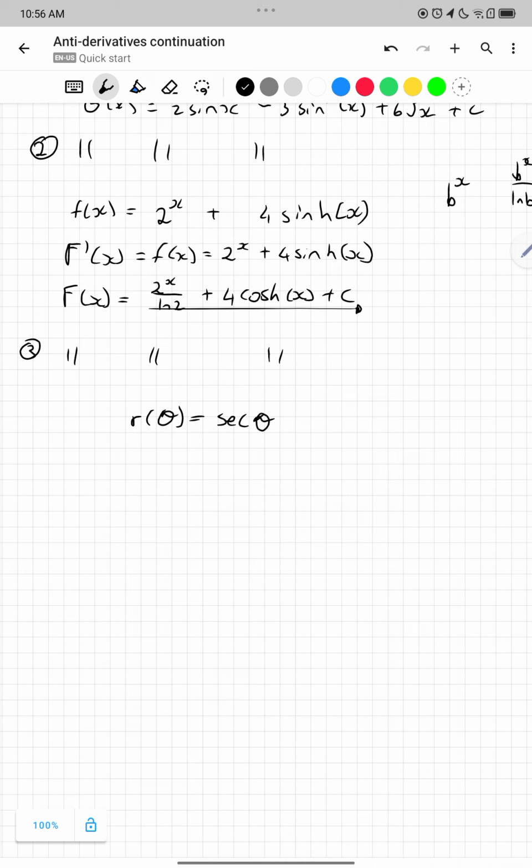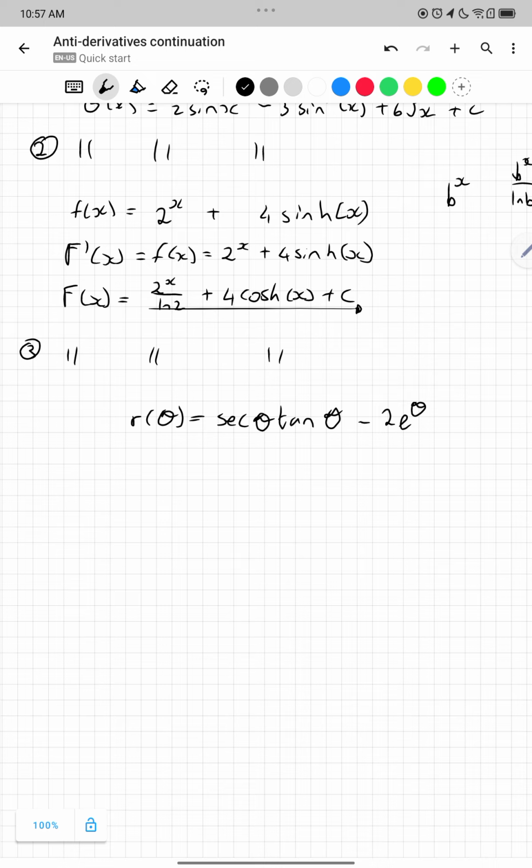Why do I keep writing the rotational coordinate? It doesn't matter. Right? So now you need to find this.